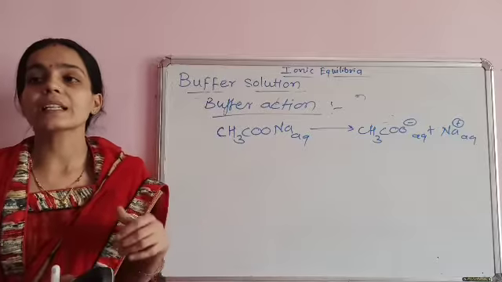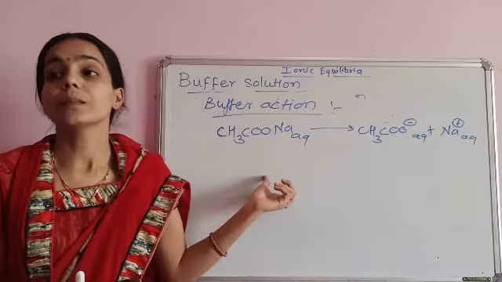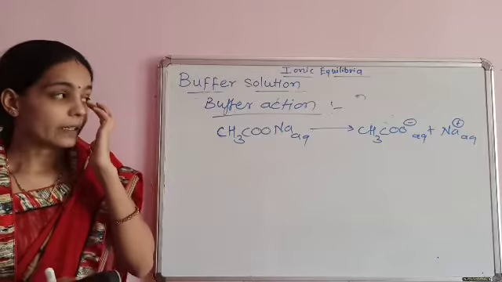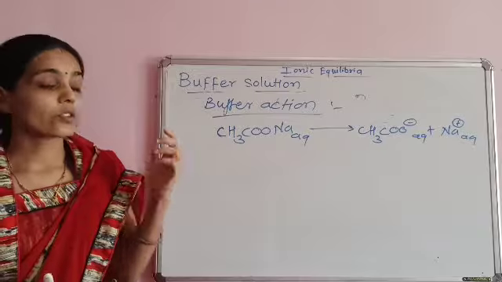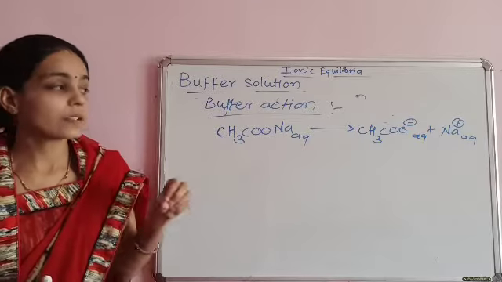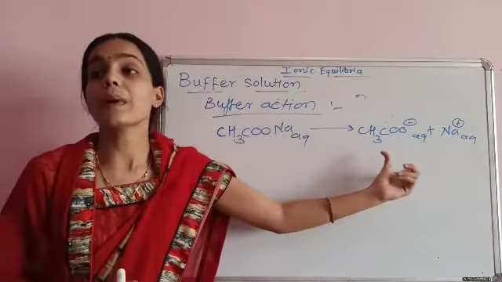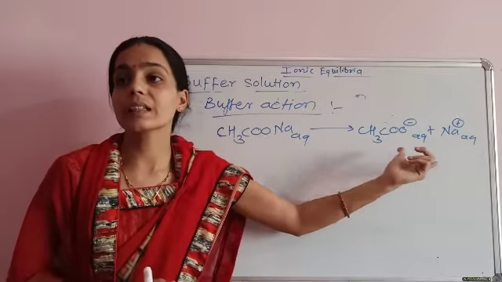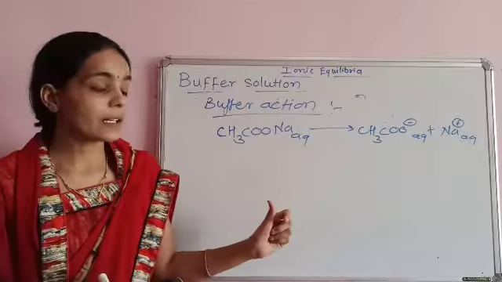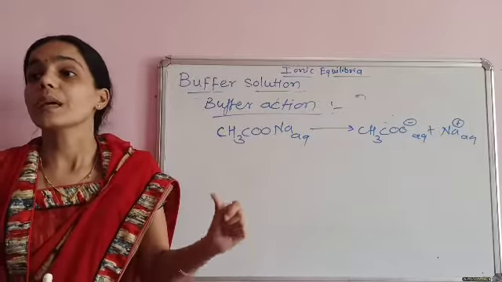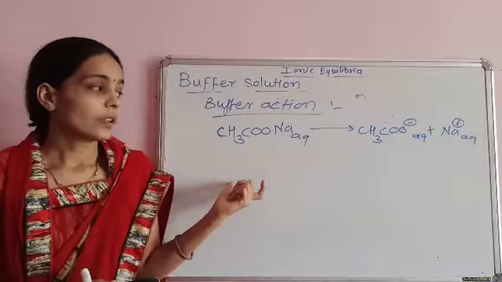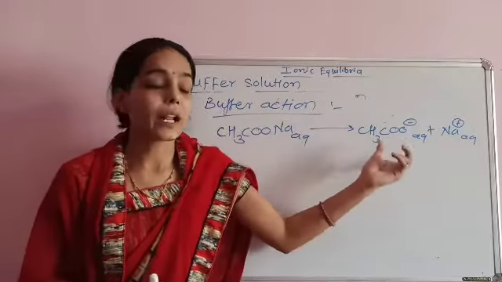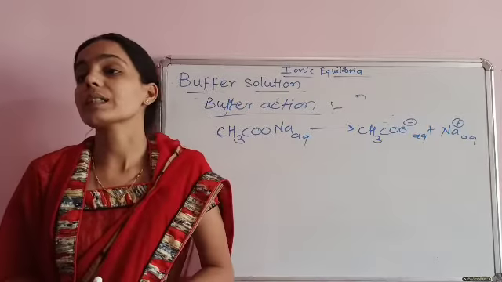If a strong acid is added to this solution, the H plus ion concentration increases, and this H plus ion is consumed by the CH3COO minus present in large concentration. Similarly, if a small amount of base is added, that is OH minus ions, they neutralize the large concentration of acetic acid.